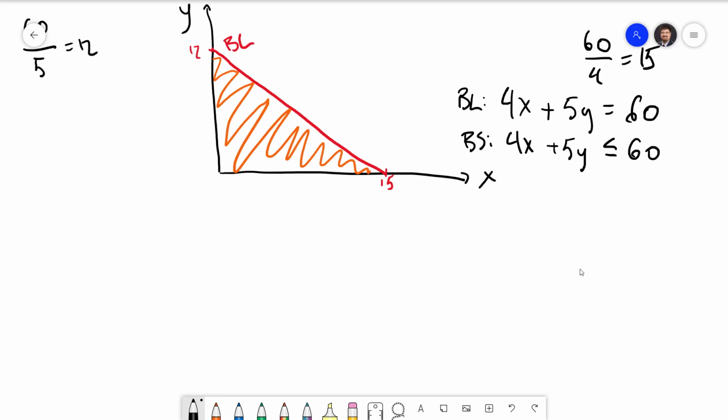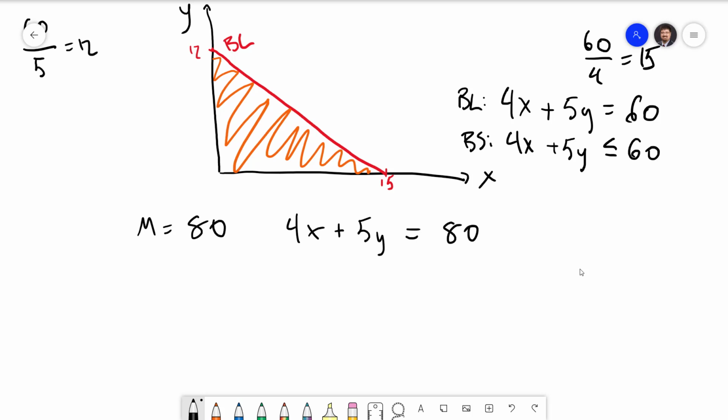Let's talk about the two ways the budget set can change. Since the budget set is defined by the prices of goods and income, any change in those things is going to change the budget set. For example, suppose that income changes from 60 to 80. Our new budget line is going to be 4X plus 5Y equals 80 instead of 60.